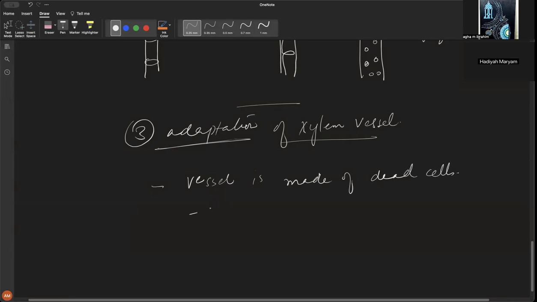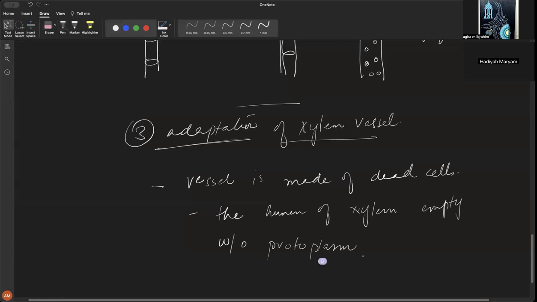This makes the lumen of xylem empty, which means without protoplasm.